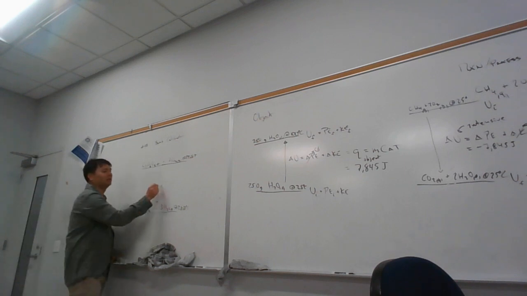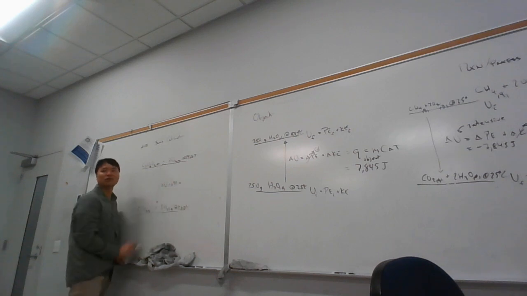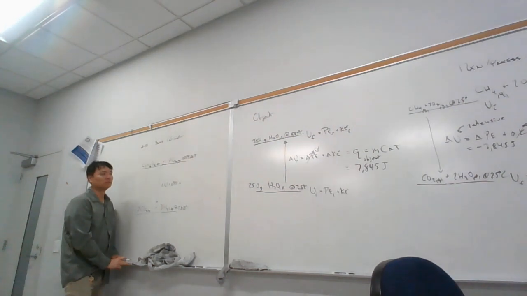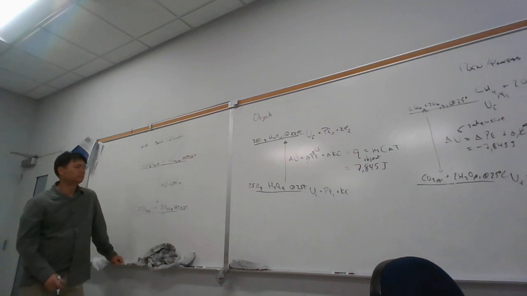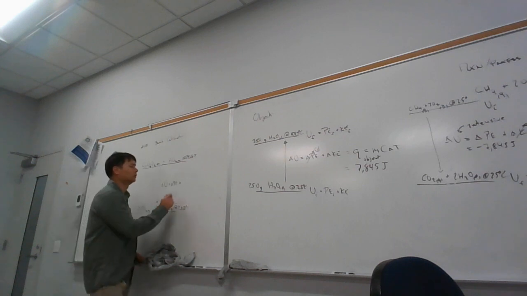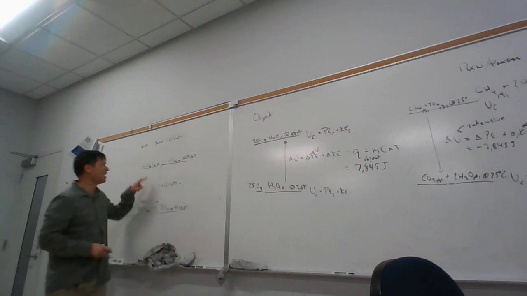And the delta U here is just going to be the change in potential energy, which is going to equal 3.023 times 10 to the third kilojoules, and negative if you want to count it as exothermic. We're just counting for energy. The delta U is going to depend on how much.